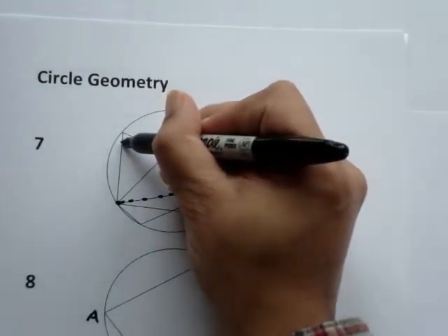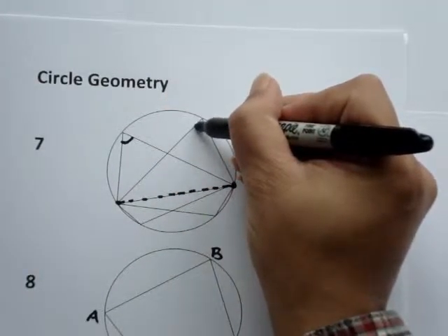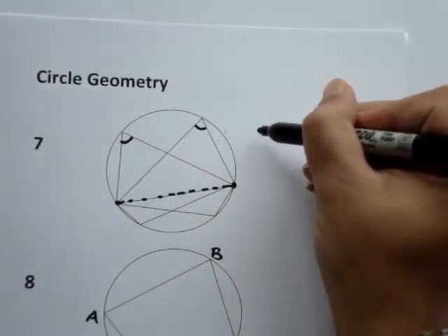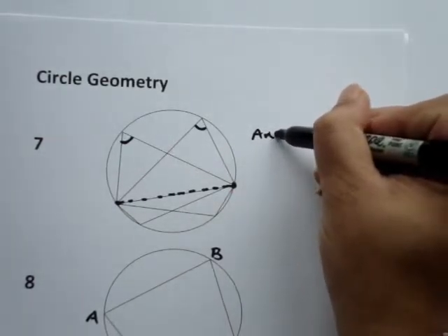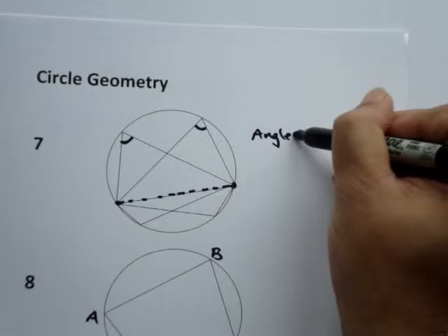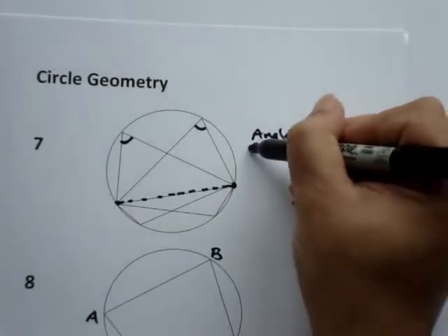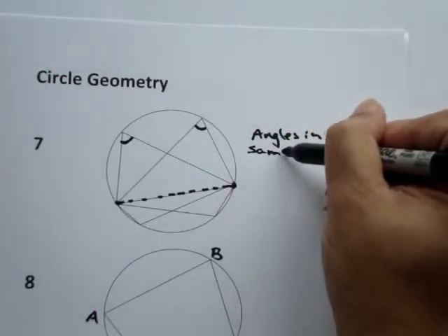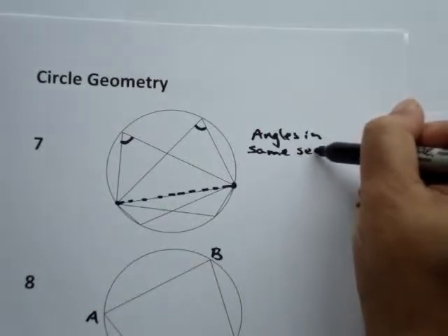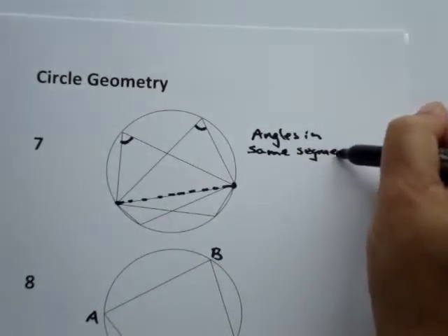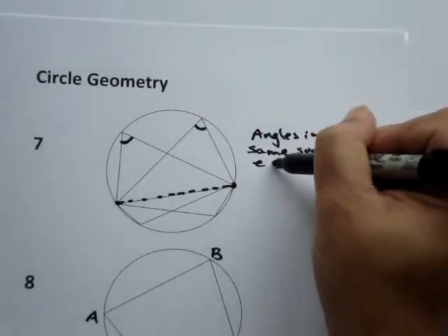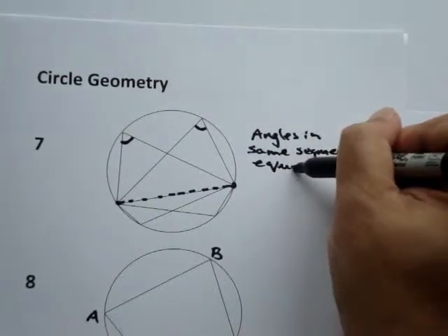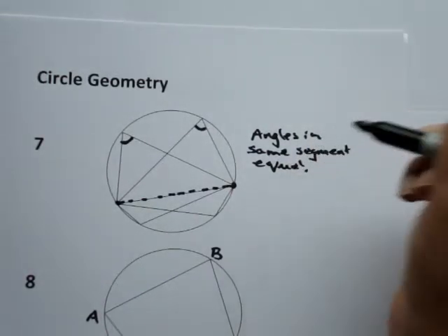Then the two angles in the same segment will be equal. So angles in the same segment are equal.